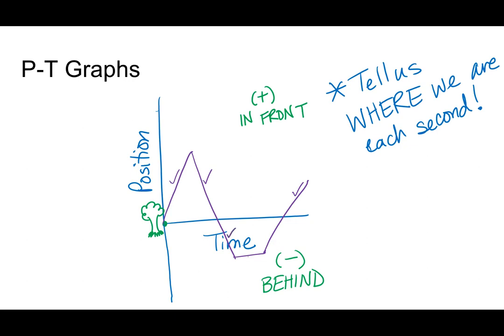Anything below that 0 line is said to be behind our point or behind the tree. So position time graphs tell us where we are each second, both how far and in what direction.